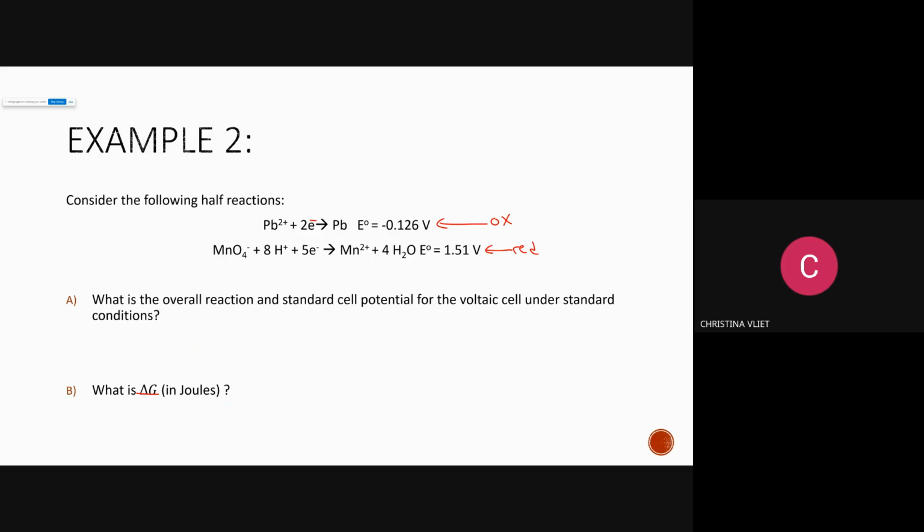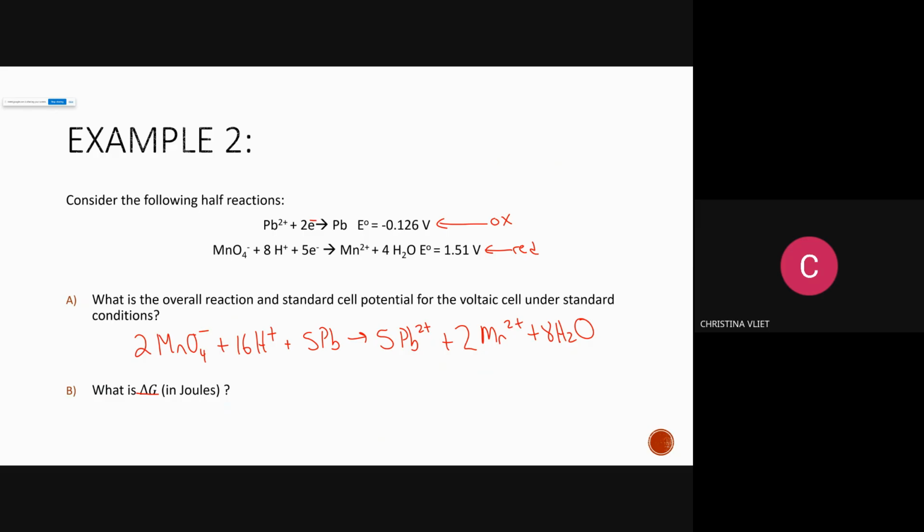All right, I'm gonna give the answer for example 2. For the equation, if you got 2 MnO4 minus plus 16H plus plus 5 Pb in whatever order, and then on the other side 5 Pb2 plus 2 Mn2 plus 8 waters, that's probably worth 2 marks.